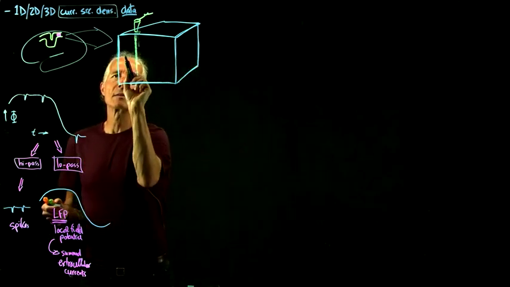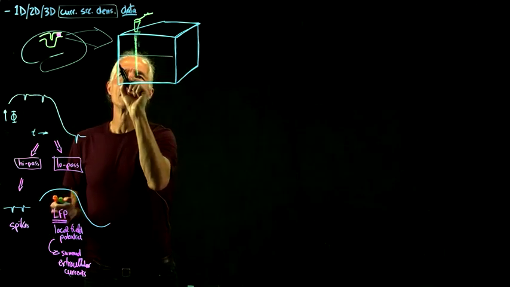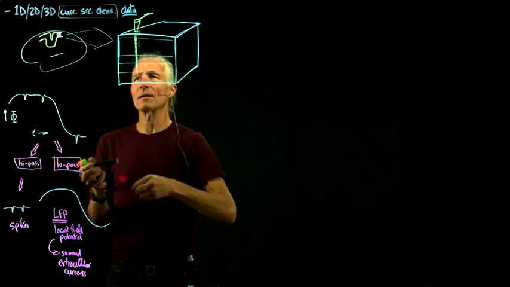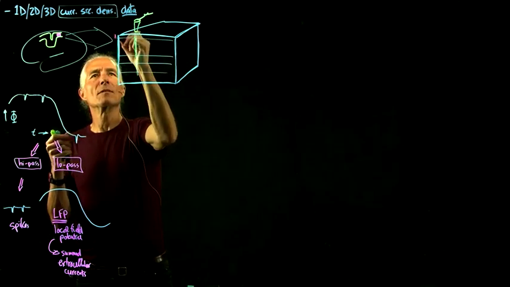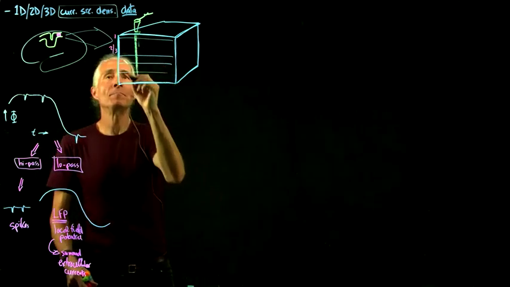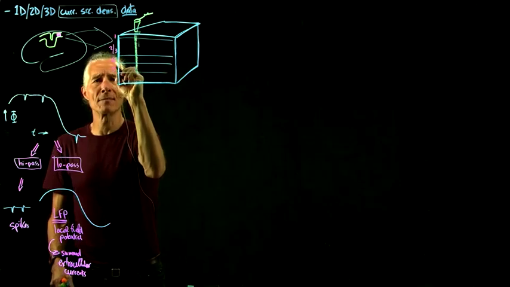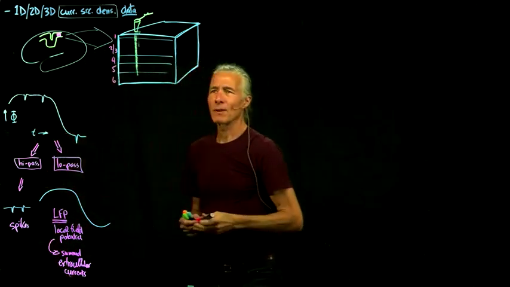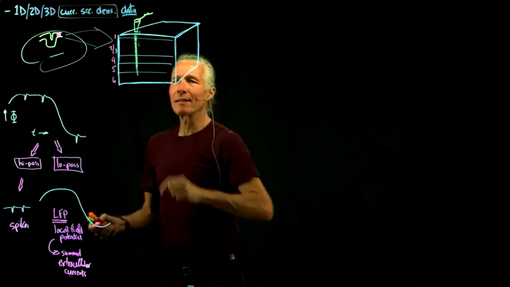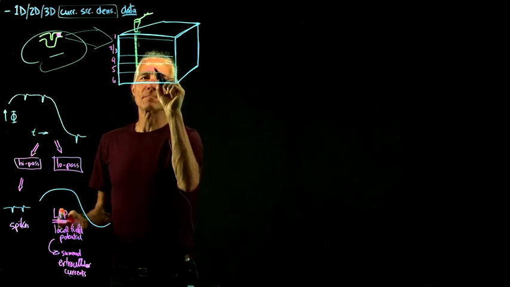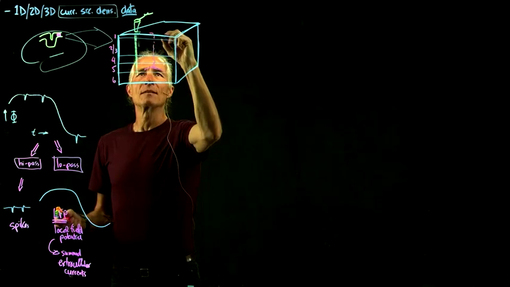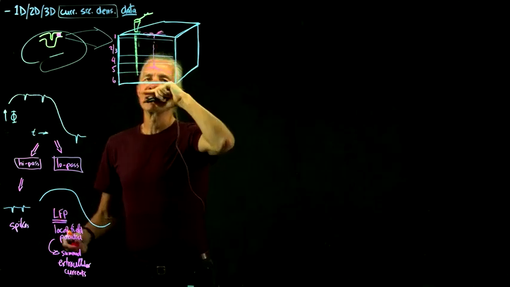Here's layer 1, layer 2, 3, layer 4, that's the input layer, 5, that's a motor output layer, 6 is one of the feedback layers. And what's in there? You've got a bunch of pyramidal cells spreading out their dendrites.